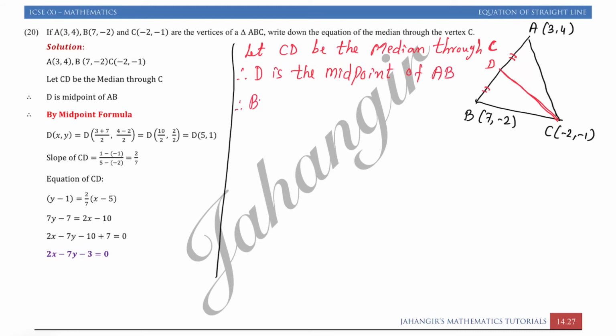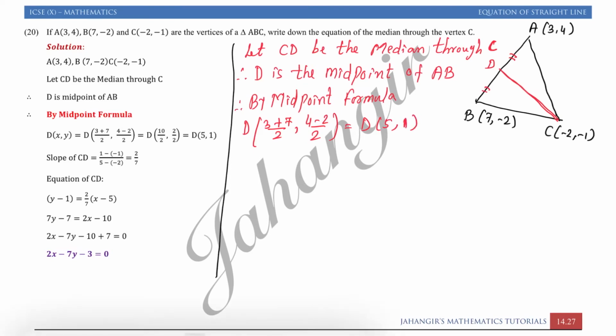So therefore by the midpoint formula, coordinate of D we can find as (3 plus 7 by 2, 4 minus 2 by 2). So you can get this as 10 by 2, that is 5, and 4 minus 2, 2 by 2, that is 1.